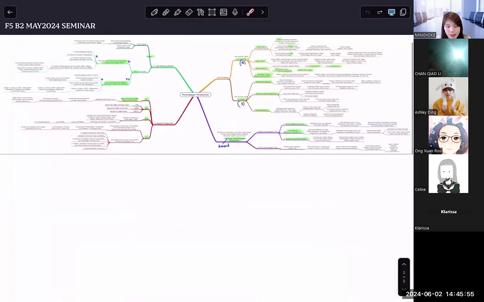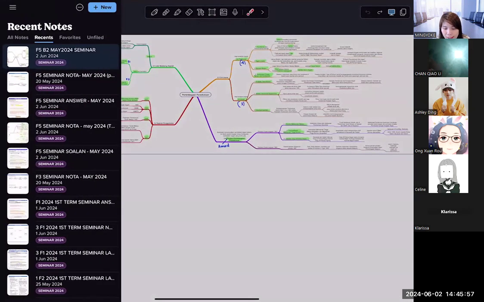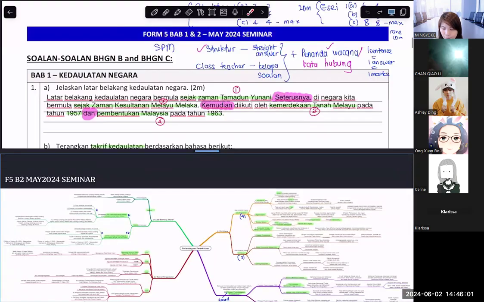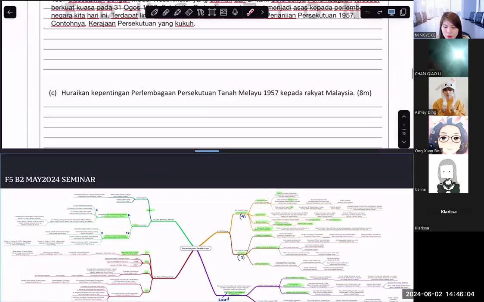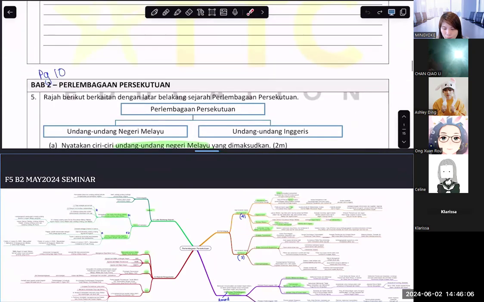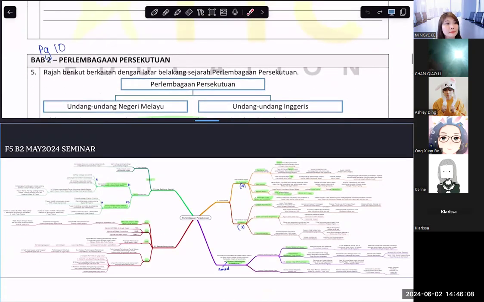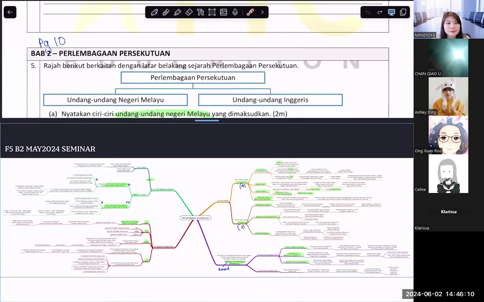Now, it is time, guys. We need to accordingly do our answer. Turn to page. Just now the one is page 10. Again. Guys, page 10 here, they say that according to our ciri-ciri Undang-Undang Negeri Melayu.